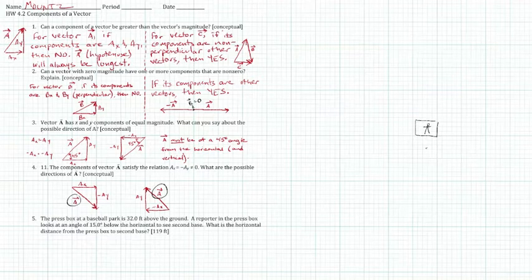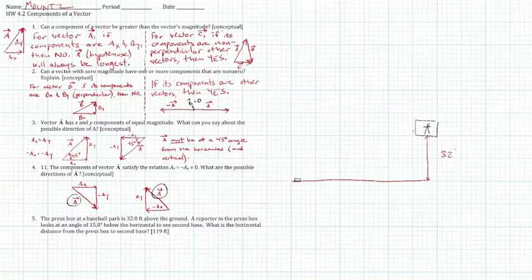All right, so we'll say that's the ground right there, and this is 32 feet down to the ground, and the ground being horizontal extends out this direction right here, and our reporter friend sees second base, which is, we'll say, right there. In fact, I'll make that black because that's an important object. Second base. Right there. And we were told that he sees it at an angle of 15 degrees below the horizontal.